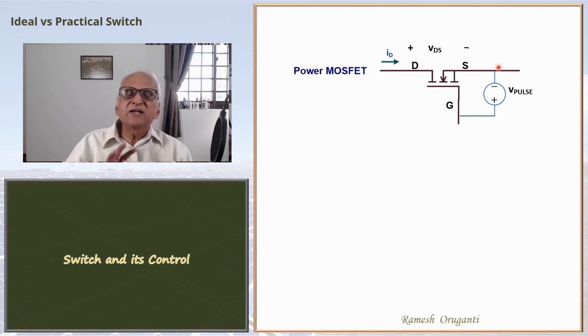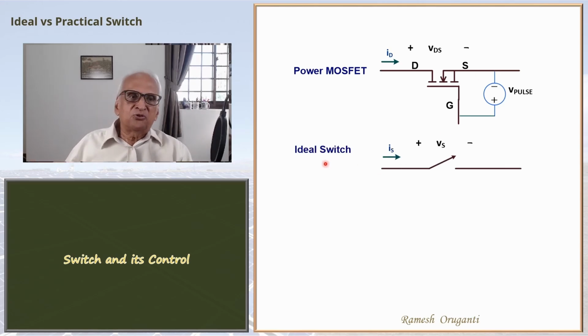Now this is an ideal switch. So Vs is the voltage across the switch. When the switch is off, of course the Vs voltage will be determined by the rest of the circuit. And when the switch is on, current Is will flow, again dependent on the external circuit. And when the switch is on, the voltage Vs will be zero.